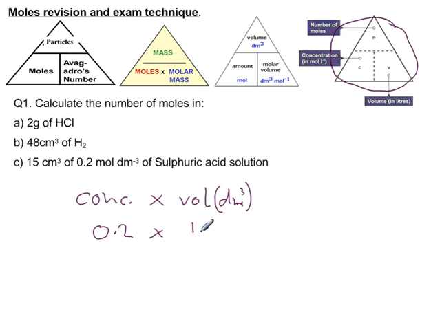Multiply that by the volume. Now 15 centimeters cubed, we need to convert that into litres, so we do that by dividing by 1,000. The answer is 0.003 moles.